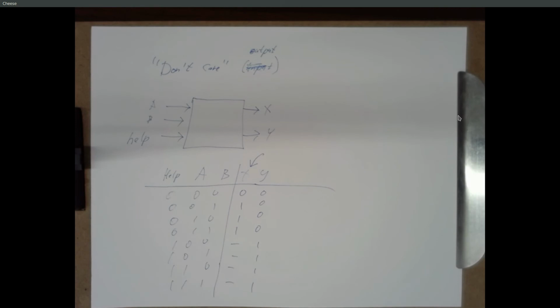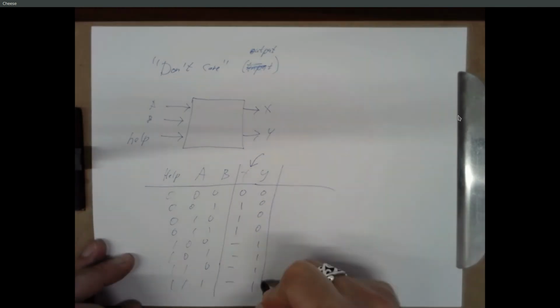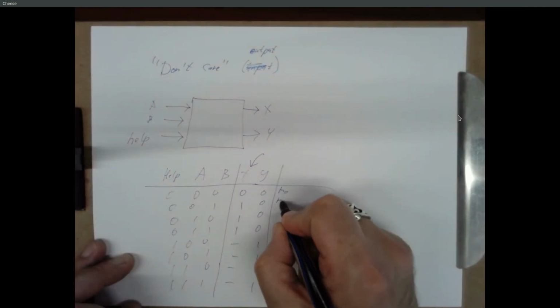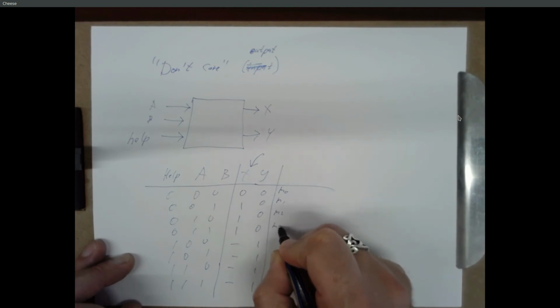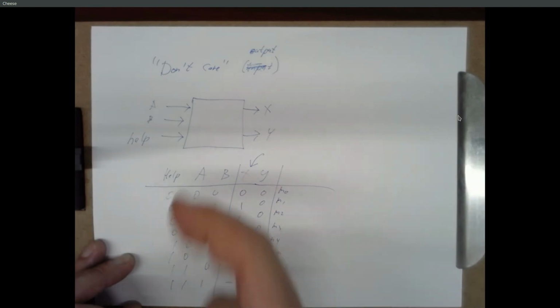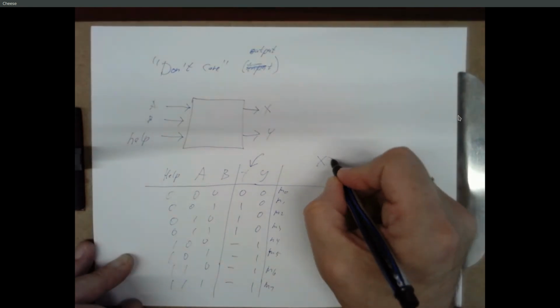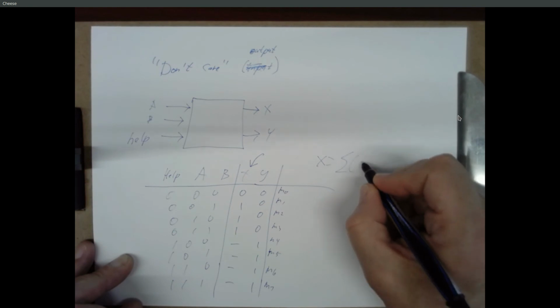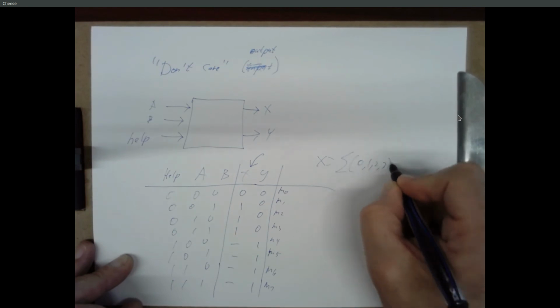And we're going to come back to that with some more specifics. But in compact form, this is min term 0, 1, 2, 3. If I were to write X in compact form, this would be sum of 0, 1, 2, 3.